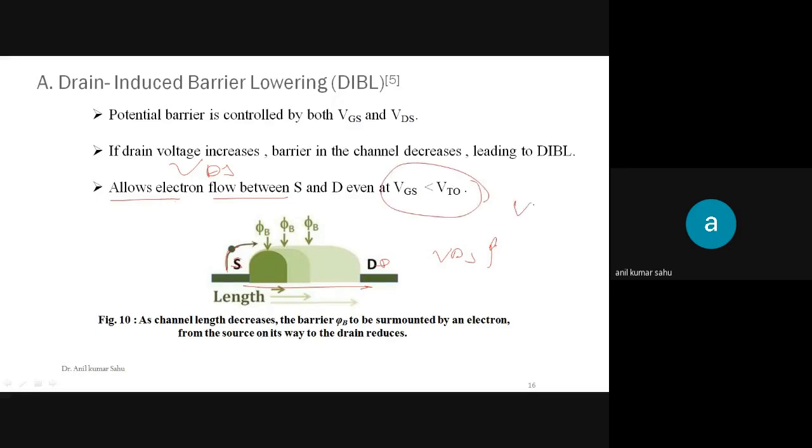Generally, whenever VGS is greater than the threshold voltage, your device will work. But because of this short channel effect, even when VGS is less than VTO, there is flow of electrons. So this is called drain induced barrier lowering.